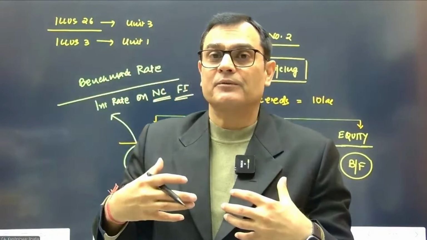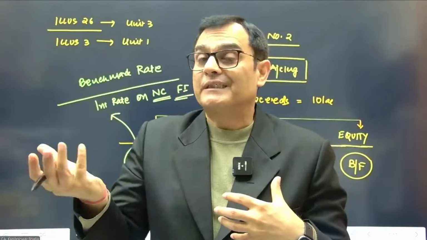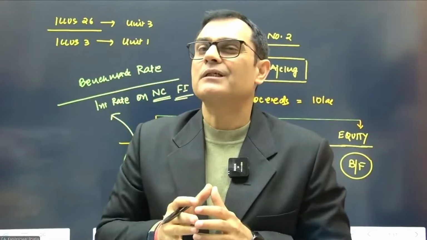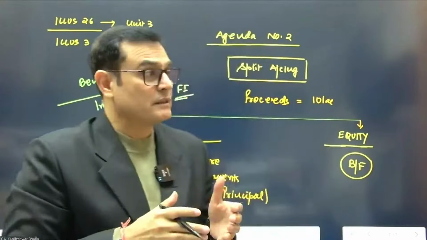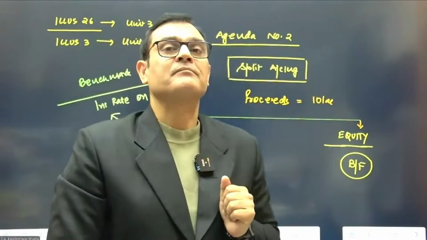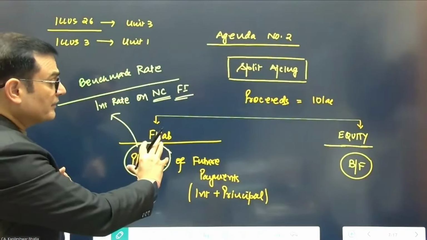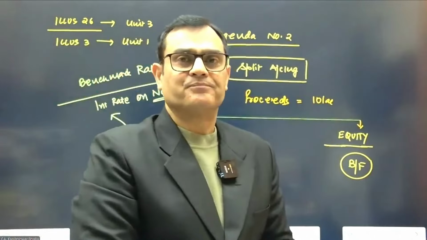If somebody tells you, I would have paid you 12%, but lures you into the deal by paying you 9%, it means he is not paying you the 3%. Then the 3% technically is equity. Because when you calculate the present value, you take the benchmark rate of 12% to discount. So you're definitely going to get a balancing figure.